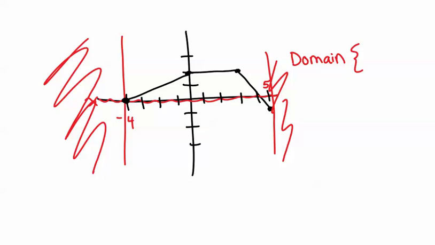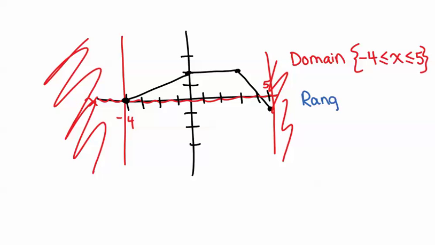So I would say the domain has to be between -4 and 5. So I'm going to write that as x has to be greater than or equal to -4 and less than or equal to 5. So I would start with my smaller value, put x in the middle, and then use my greater than, less than signs to indicate.